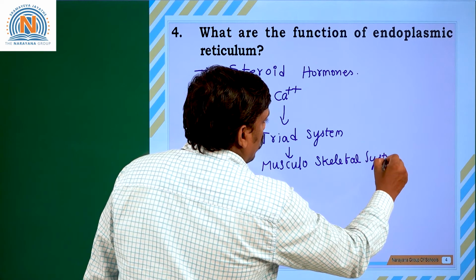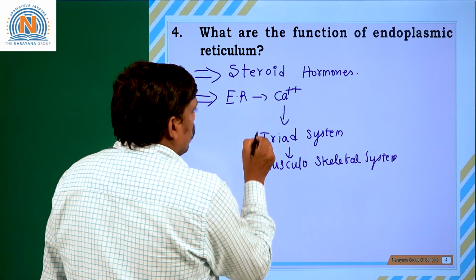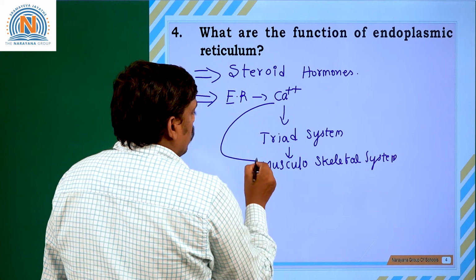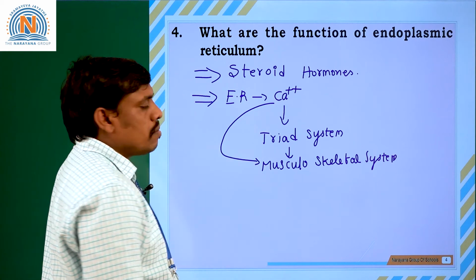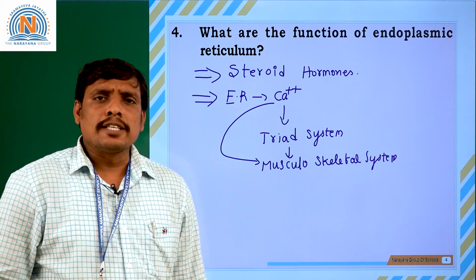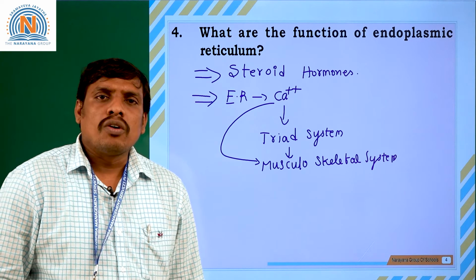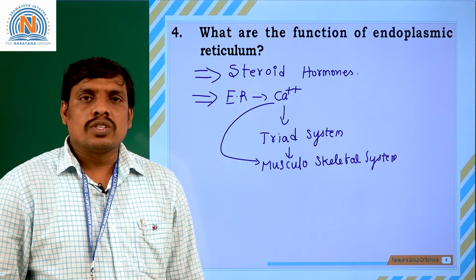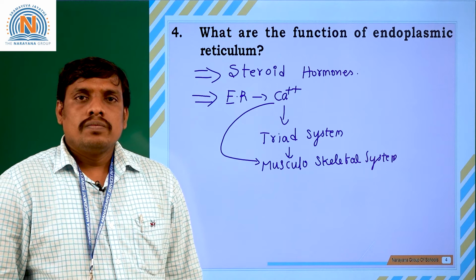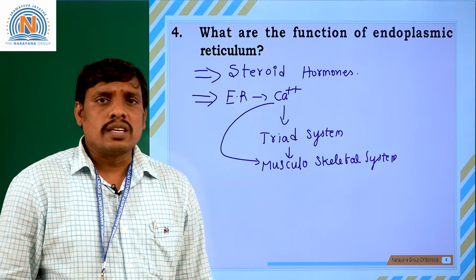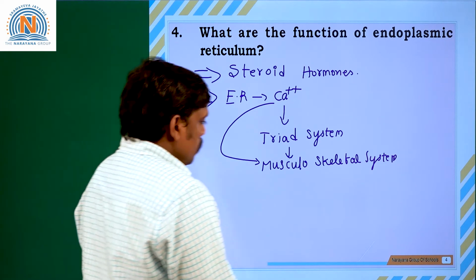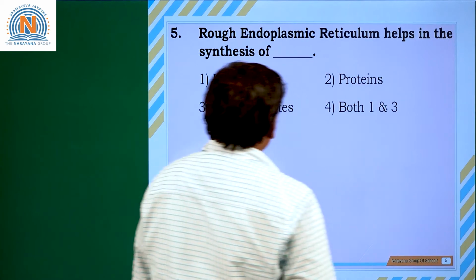So what I am trying to say is, the released calcium ions directly act upon the muscles and help in the proper movement of muscles, as usual, the proper movement of our skeleton system. Clear students? Going for next question.